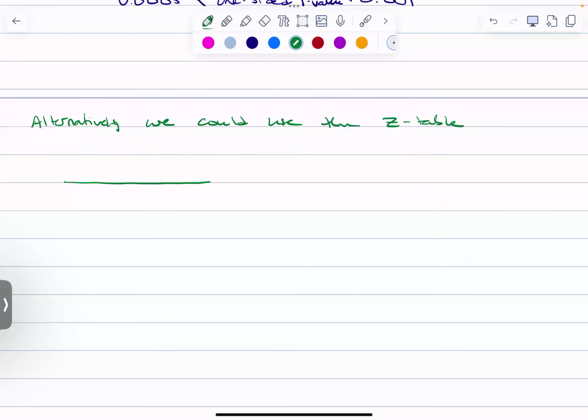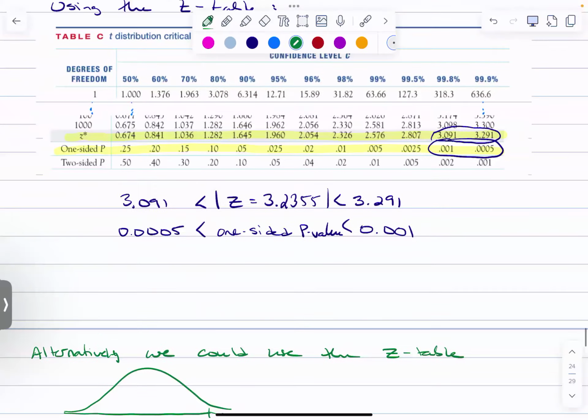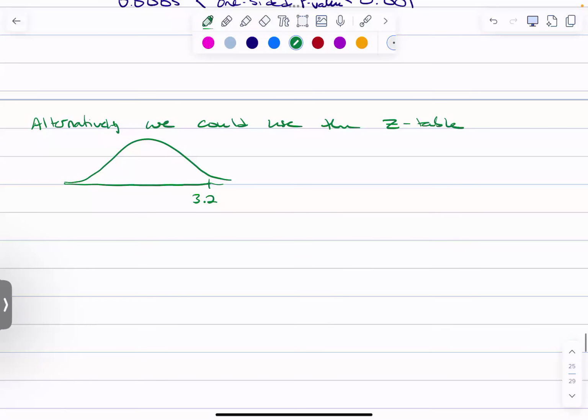What we found is we found a Z of 3.24, because the Z table needs 2 decimal places, and so we round to 2 decimal places. Now, our one-sided p-value is this area in the tail.